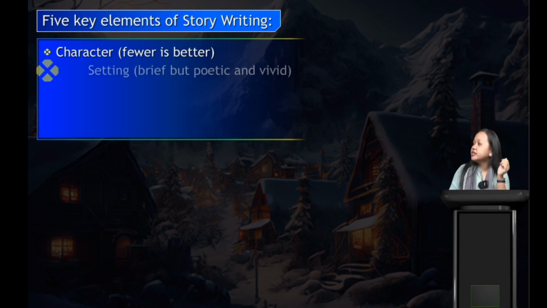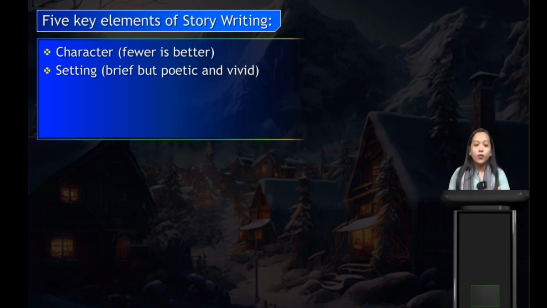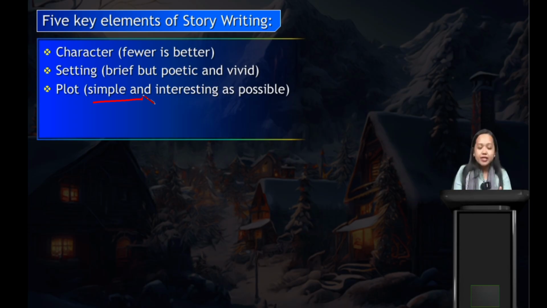Next is what? Setting. Now what is setting? Setting, brief but poetic, vivid. Setting means where everything happened, at what time it happened, and where it happened. These are our setting. Next is what? Plot. Now plot, it says what? Simple. It has to be as simple and interesting as possible.